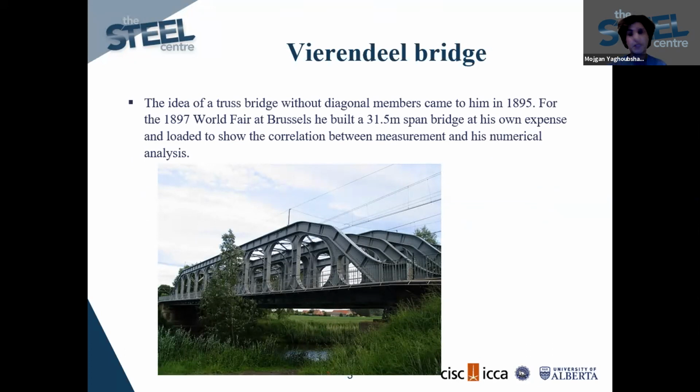The diagonal members are eliminated. So he built such a bridge, and in 1897, at a world fair in Brussels, he loaded the bridge to show that the way he calculated matches how the bridge sustained the loads.